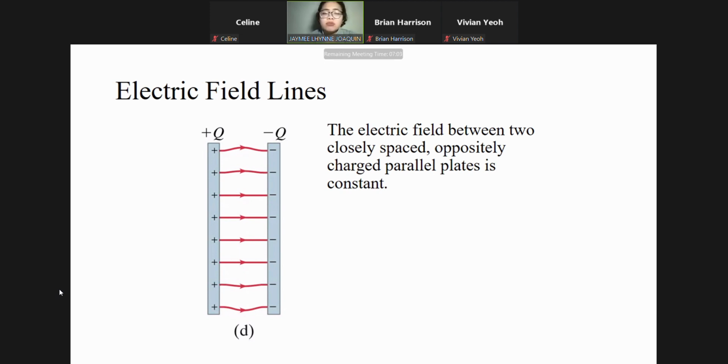Next meeting, all the principles that we have discussed and learned today, such as vector addition, superposition, and total net force, will be applied using different problem sets and examples.